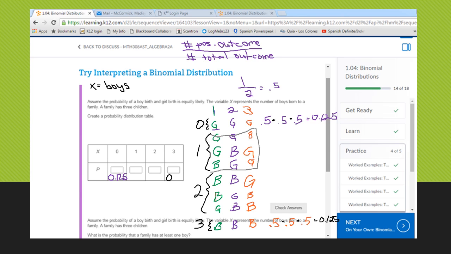The reason why is because when we look at that situation, there's 3 different ways that we can have 1 boy and 2 girls. So we're still going to have a 0.5 chance of having a boy, a girl, and another 0.5.